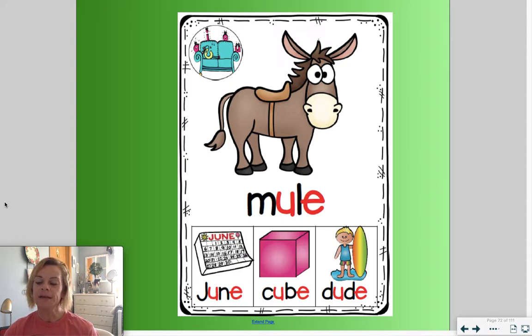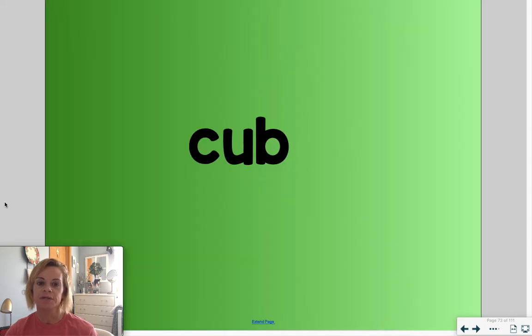We're going to start today by looking at some words and seeing how that lazy E can change the vowel sound. If I look at the word and stretch it out, it says cub. Cub's a real word. It's another word for a baby bear. Watch what happens if we put the lazy E at the end. Now U says U, so the word changes to cube.